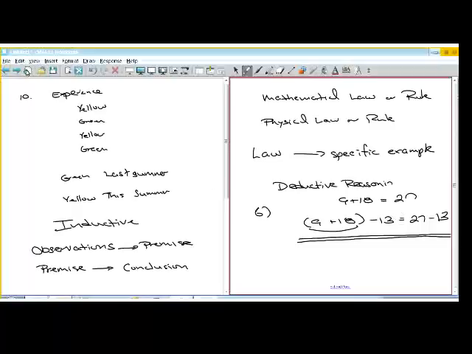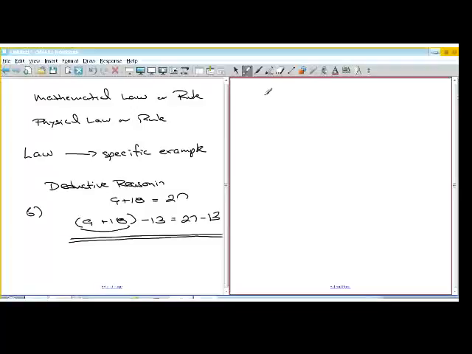So I'm going to tell you in your book which ones are inductive and which are deductive, so you can look at all the examples 1 through 12. So what I'll do is I'll say inductive examples, deductive examples, reasoning. So the problems that are deductive are 1, 2, 5, 6, 7, and 8.